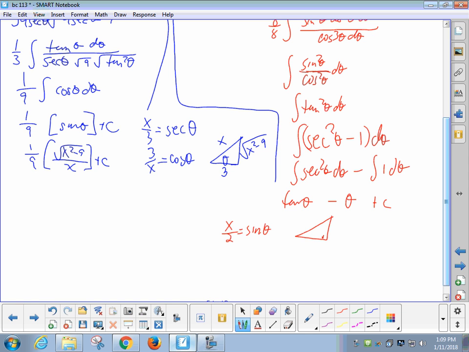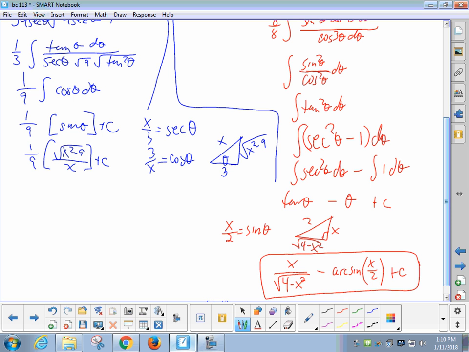So, opposite, hypotenuse, adjacent. So, tangent theta is x over root 4 minus x squared. What's theta? Arc sine, or inverse sine, of x over 2 plus c. Okay? How'd it go?